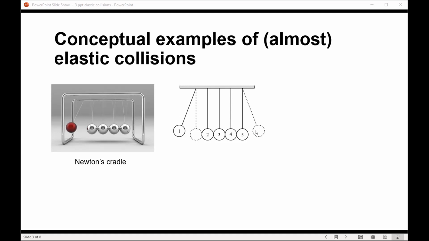Here's another example, a bouncy ball. You take a bouncy ball and you lift it to a height, giving it some potential energy. You drop it, the potential turns into kinetic, and the kinetic turns back into potential. If that bouncy ball returned to the same height, that would be an example of an elastic collision with the floor, meaning that there was no loss of joules.